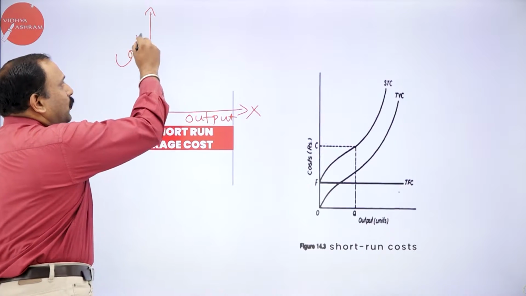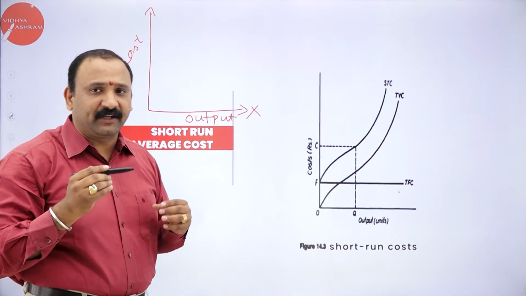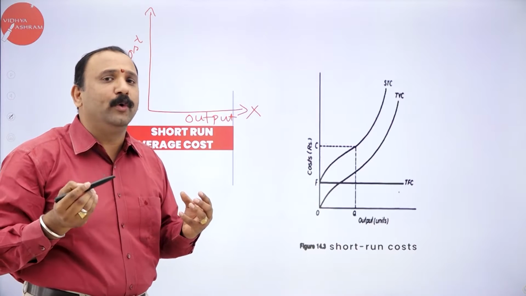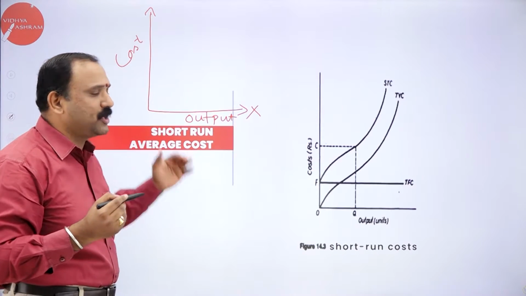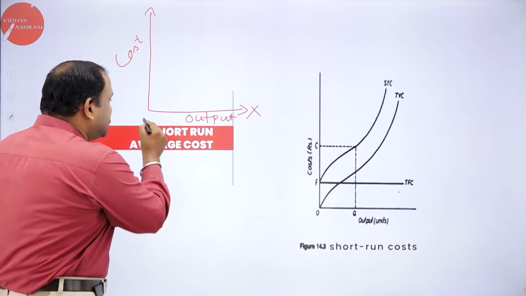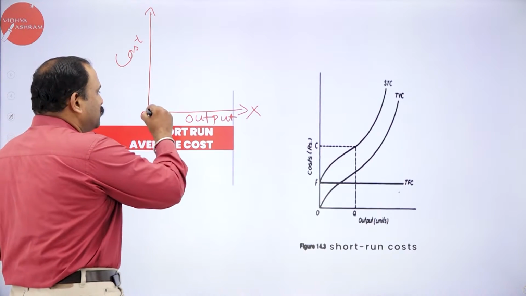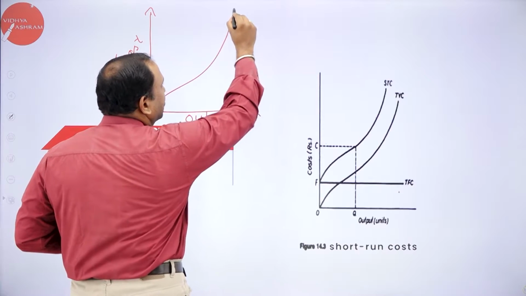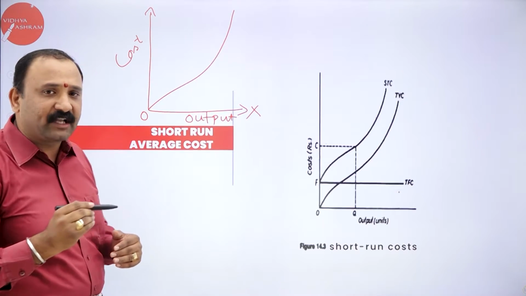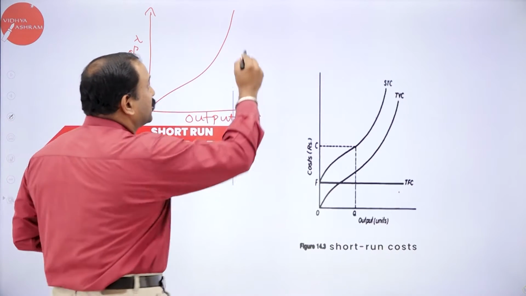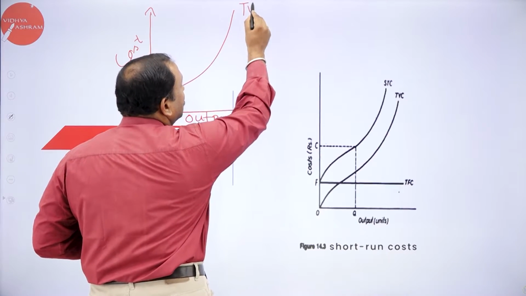Now, when we have taken this graph, we are trying to find out how the short-run average cost comes into the picture. This is the origin O. From the origin, once you start manufacturing, the graph keeps going up. What is that graph line that is going up? Your total variable cost.